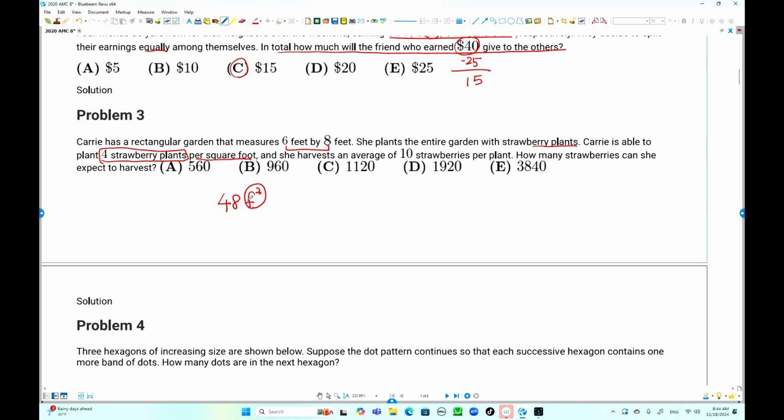Each square feet has 4 strawberry plants. Times 4 is 192 plants. By each plant, average 10 strawberries. So total number of strawberries times 10, okay? Total is 1920 strawberries. This is the answer.